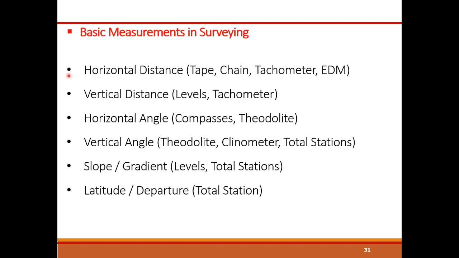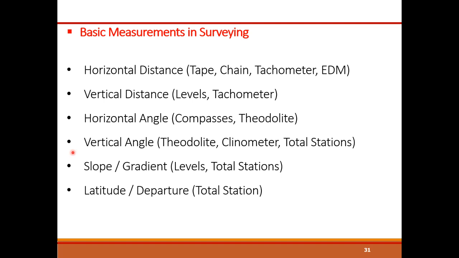These are the basic measurements in surveying. Horizontal distances will be calculated using tape, chain, tachometer, or the electronic digital meter. Vertical distances will be calculated using different types of levels, tachometer. Horizontal angles will be measured using compasses and theodolite.